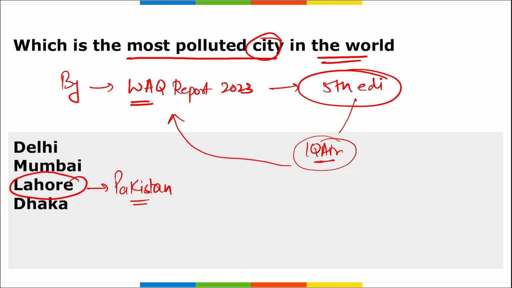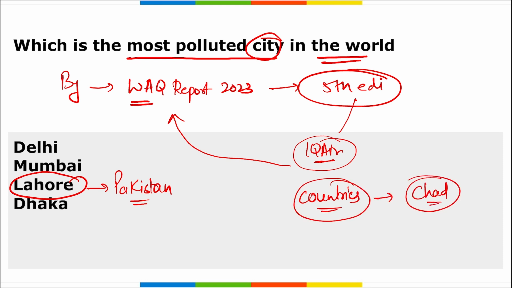All right. Next, one more thing you can remember here. Chad is worst among the countries. If it is asked about countries, which is the most air polluted country in the world, it is your Chad. Similarly, if we are talking about Dhaka, it is the most noise polluted city in the world.